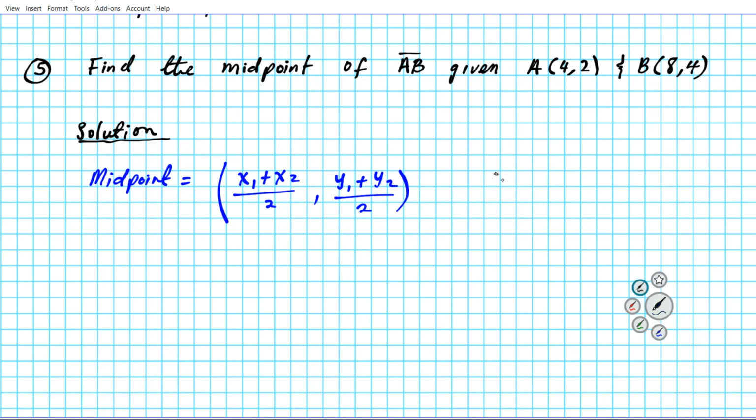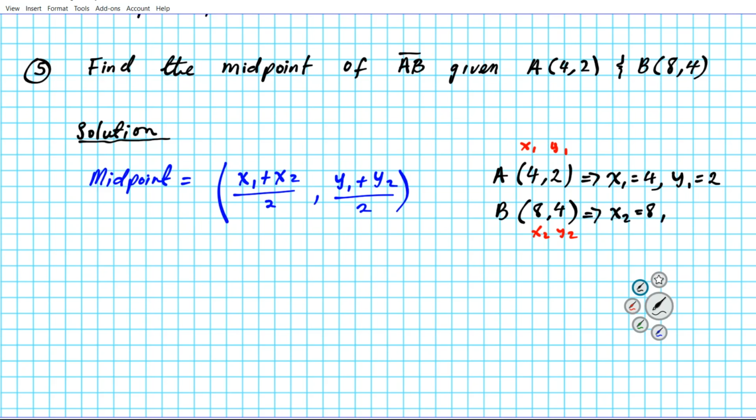So in this particular example, point A is 4, 2, and point B is 8, 4. So we know what our coordinates are. These are x1, y1, first one, and then x2, y2, the second one. So we know that x1 is 4, y1 is 2, and then x2 is 8, and then y2 is 4.